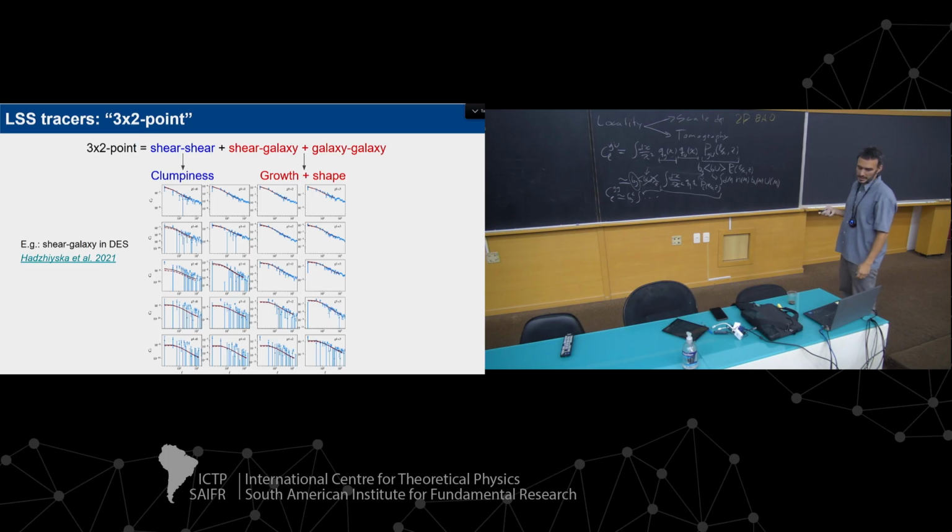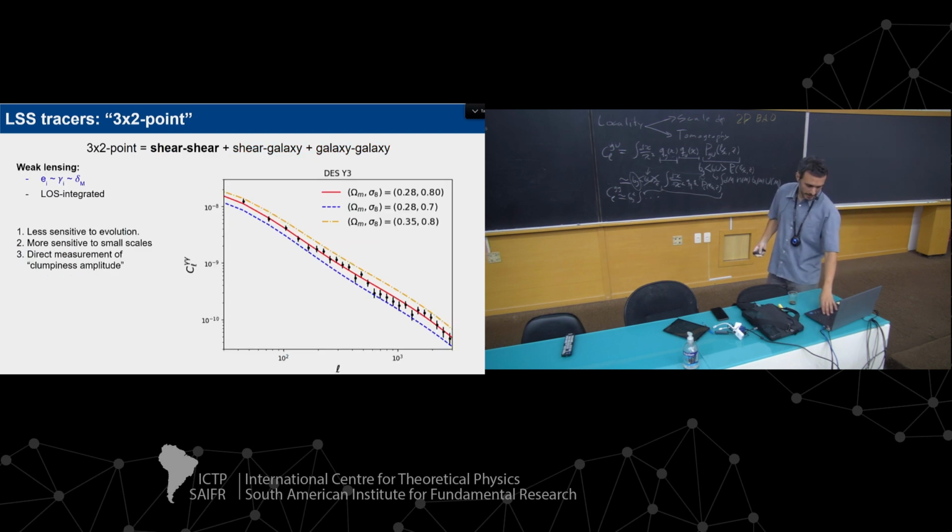And then the combination of shear cross galaxy and galaxy times galaxy, which is what people often call 2 times 2 point, tells you about the shape of the power spectrum and the growth of structure, so the evolution in sigma 8 rather than the overall value of sigma 8.